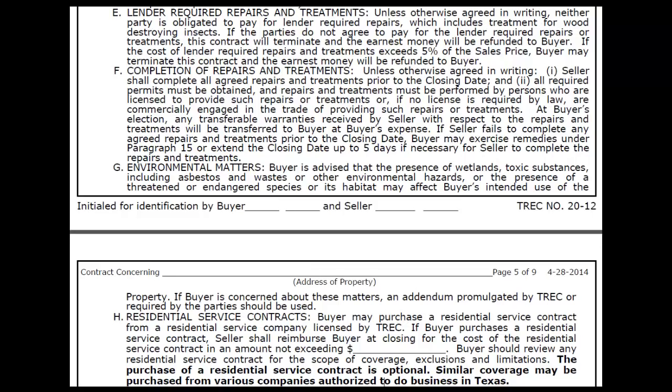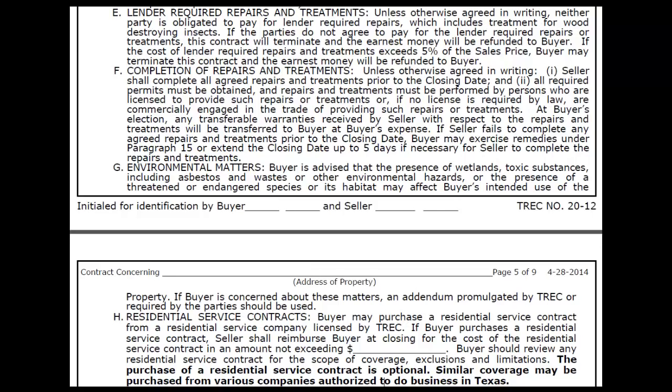At first glance, it's like, why would they put that second sentence in there? It seems like the first one pretty much covered it. Well, it doesn't really. What if the cost of repairs is, say, 10% of the purchase price, and the seller is willing to complete the repairs? Then it seems like, okay, we don't have a problem here. We're going to proceed with the sale.